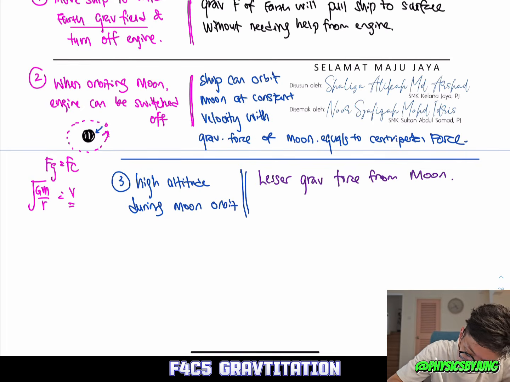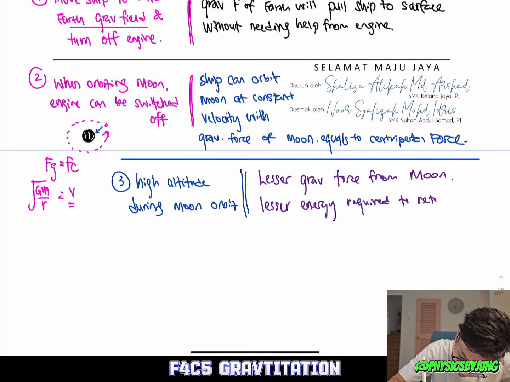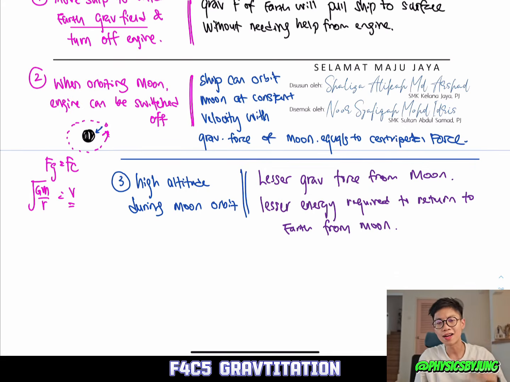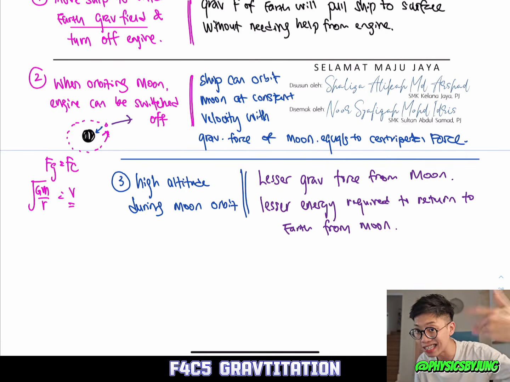So that it will take lesser energy required to return to Earth from the moon. Because if you are at a higher altitude, you are less likely to be pulled by the moon. If you are less likely to be pulled by the moon, it's easier for you to return. So you can fly away easily. If you orbit higher, less likely to be pulled.